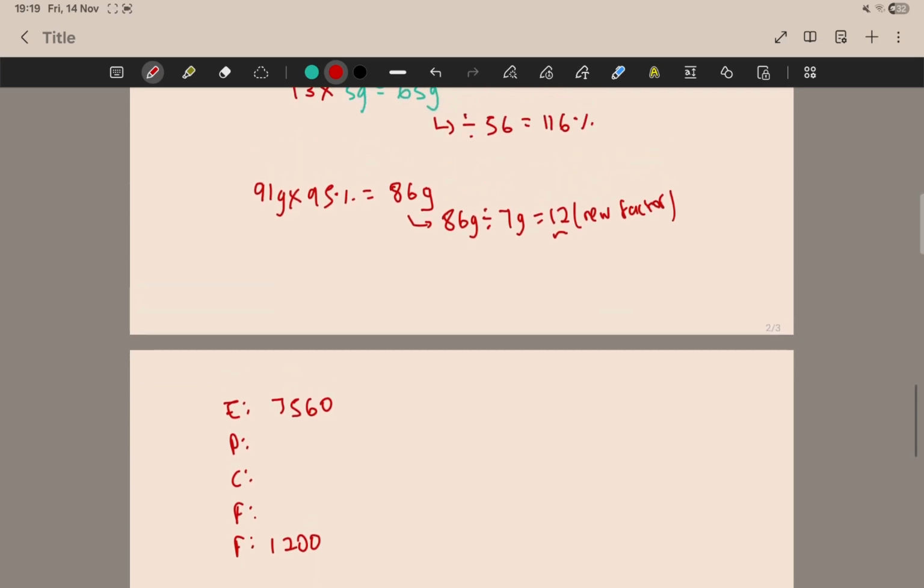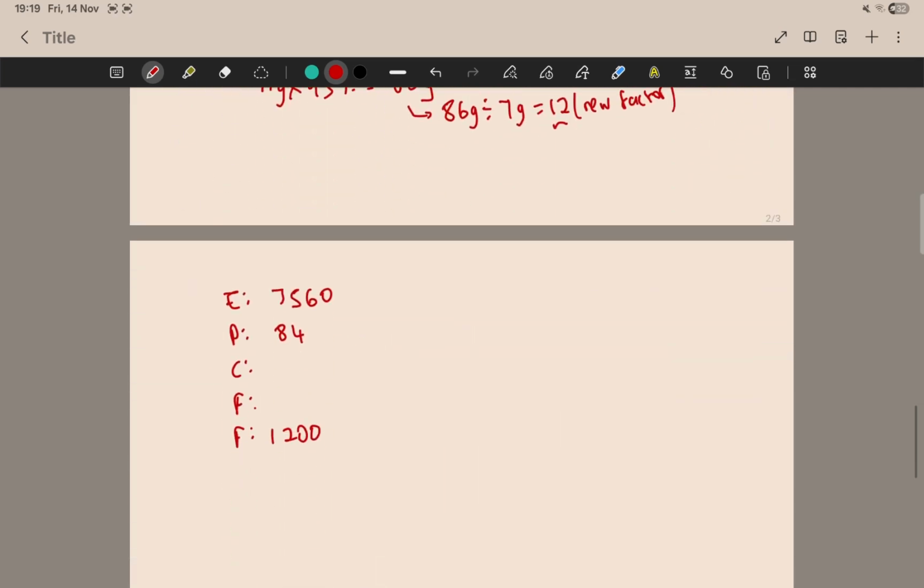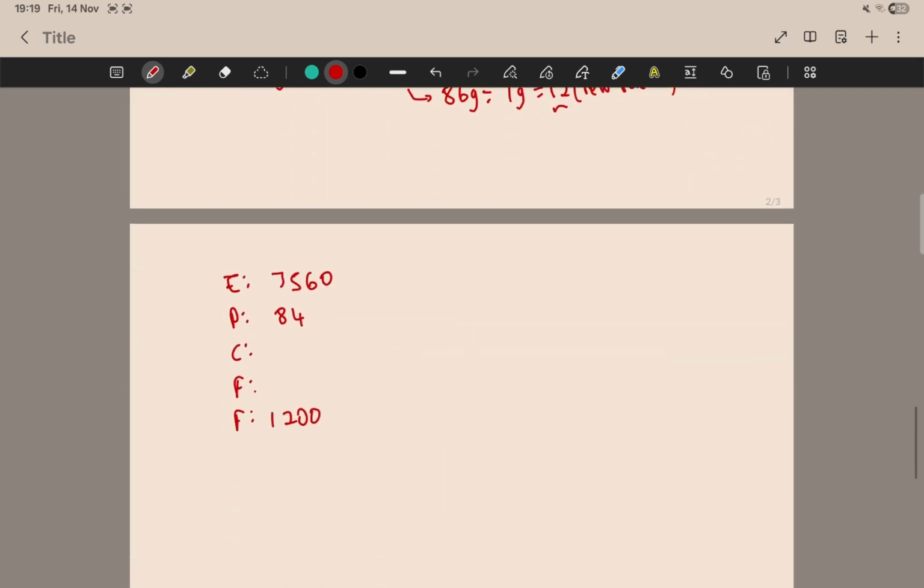Okay, I think the values changed a little bit because of our rounding, but that's fine. And then carbs is 12 multiplied by 19, and then fat is 5. And then I should actually do this all together, but that's fine.